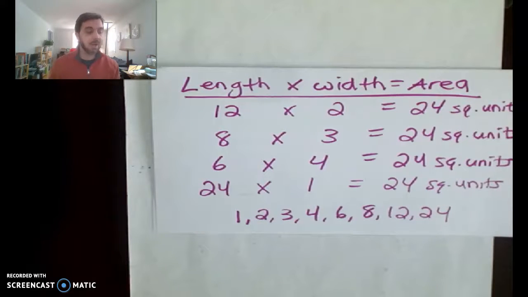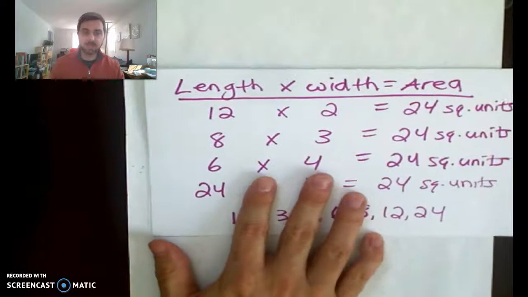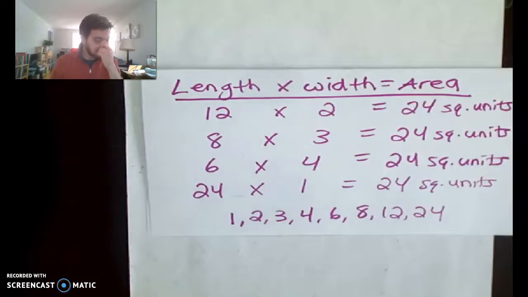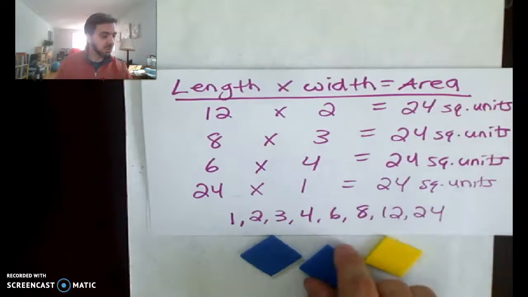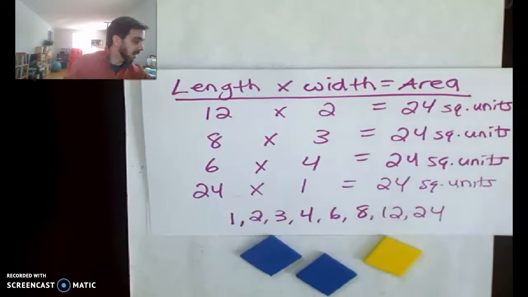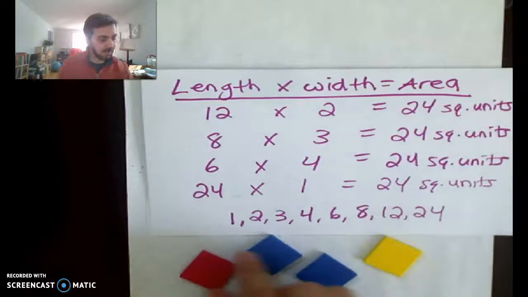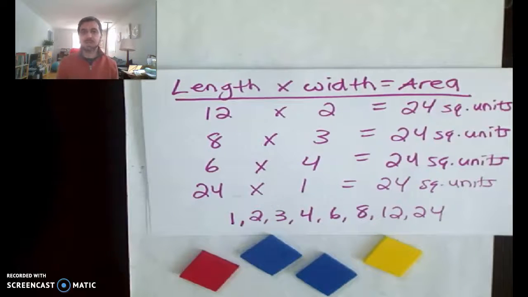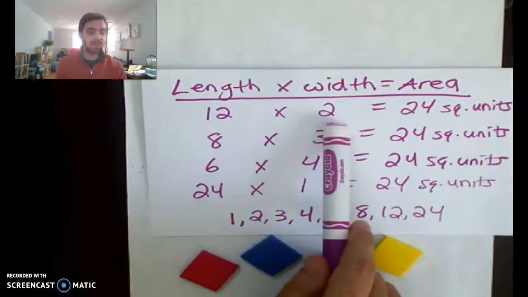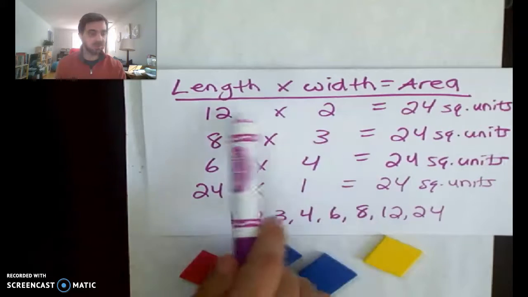So we have here, just to summarize, we used our square inch tiles, right, to find some rectangles with an area of 24 square units, and we saw that we could do 12 times 2, or 2 rows of 12.